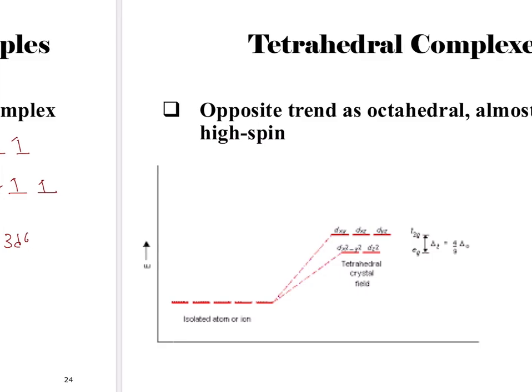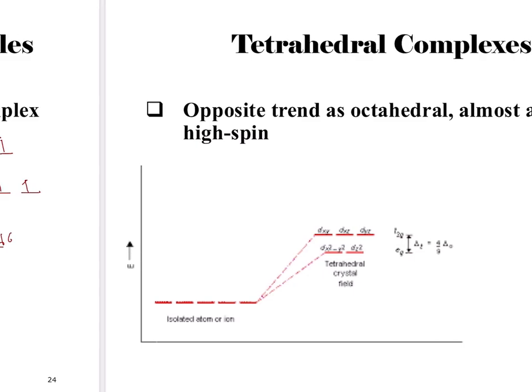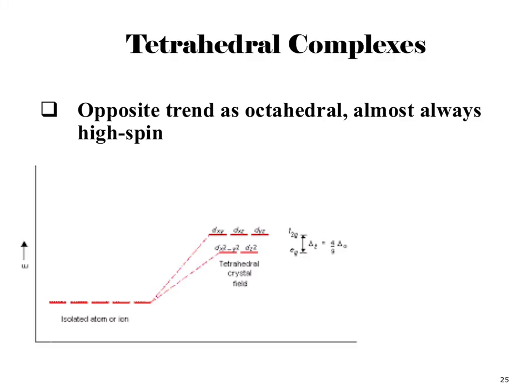So if we have a tetrahedral complex, right? So this is no longer octahedral. These are always going to be higher in energy than your unpaired isolated atom.